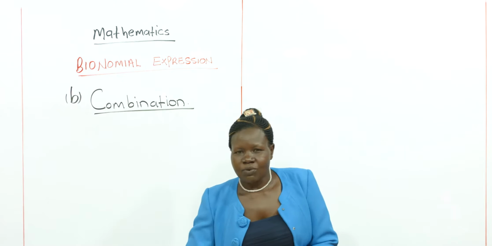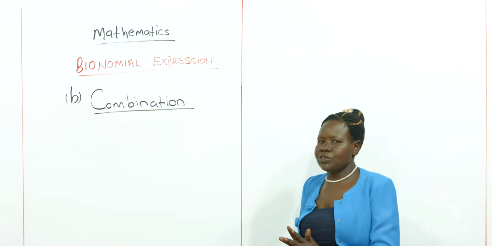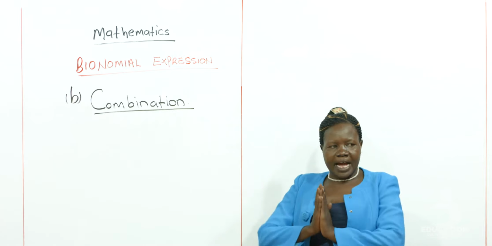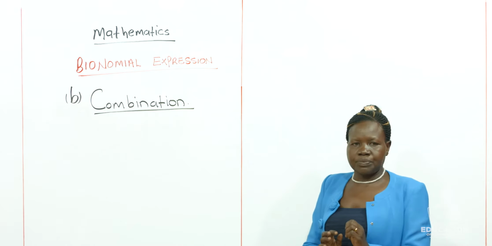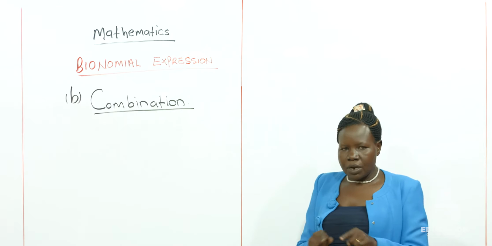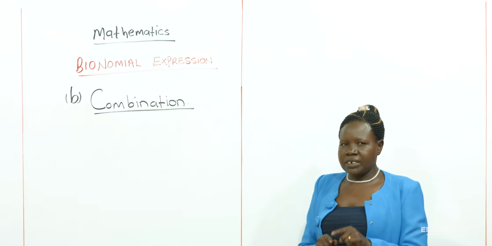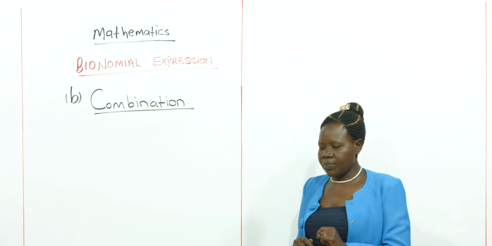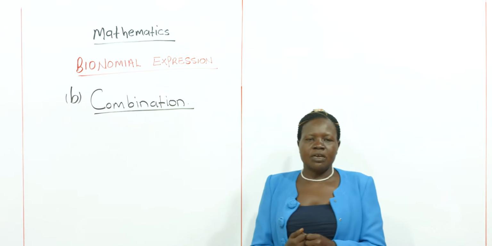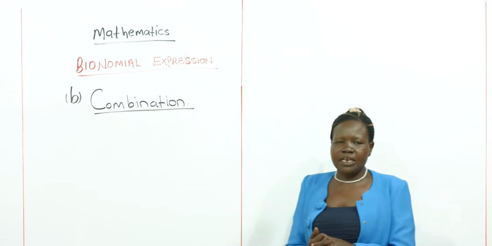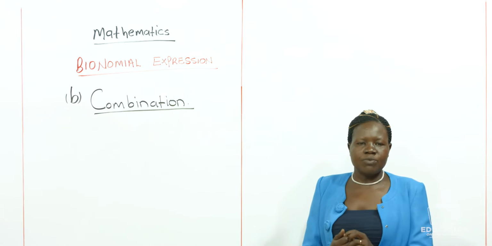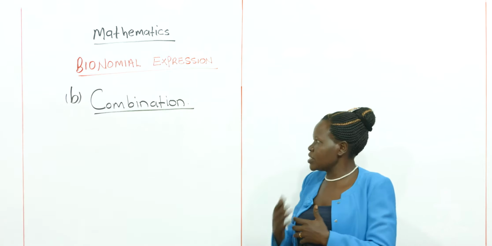Dear learners, when we talk of combination, we are looking at the act of selecting elements from a group, but without considering the order. For example, I may be in a class and I want to get debaters. I can decide to pick X, Y every time there is a debate competition.